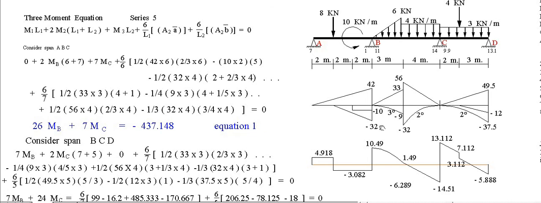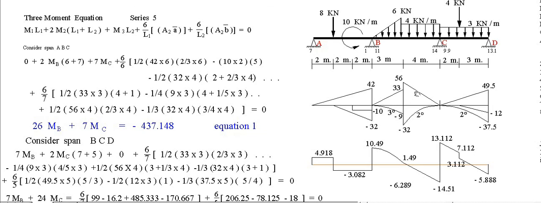1/2 of 33 by 3, distance from the left is from here up to here 2/3 of 3, then minus 1/4 of 9 by 3, distance from here up to here is 4/3 of 3, then plus this one, 1/2 of 56 by 4 times the distance from B, which is 3 plus the centroid of 1/3 of 4.